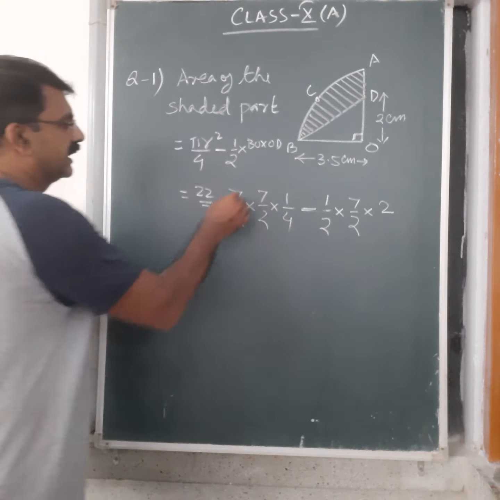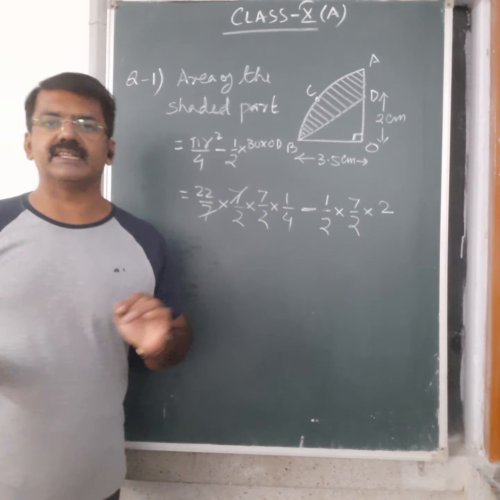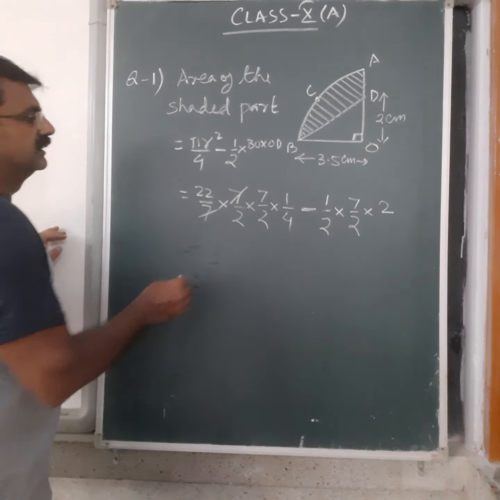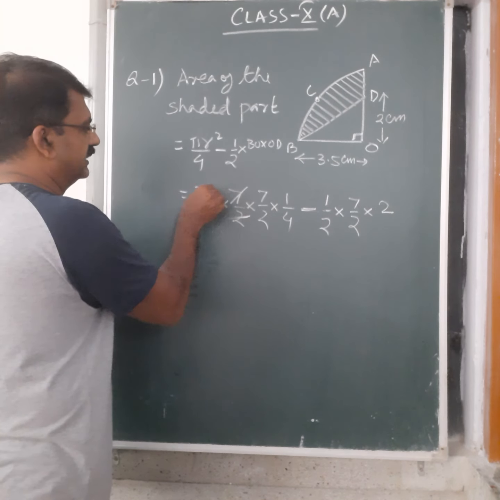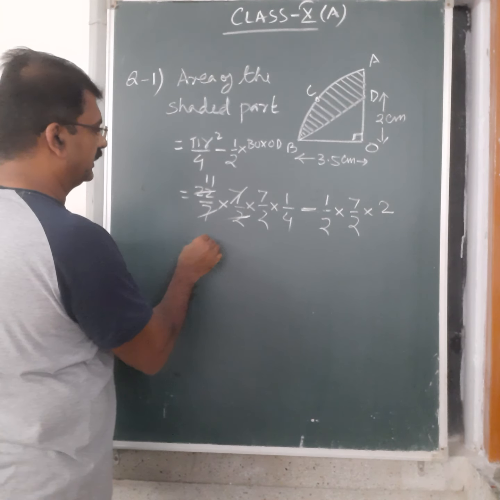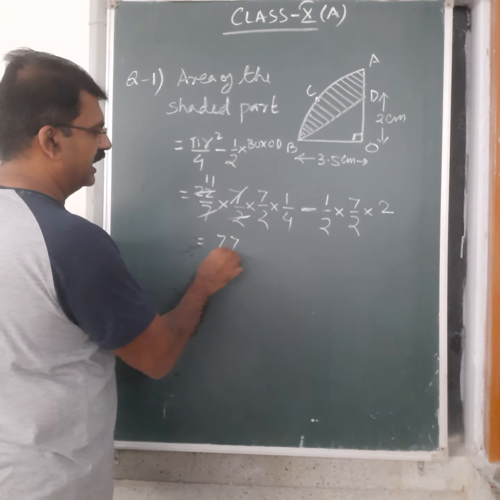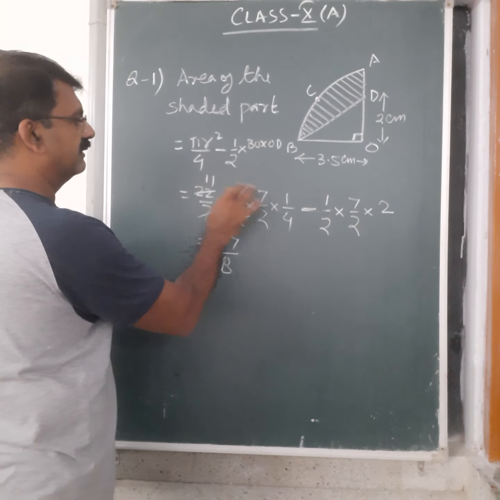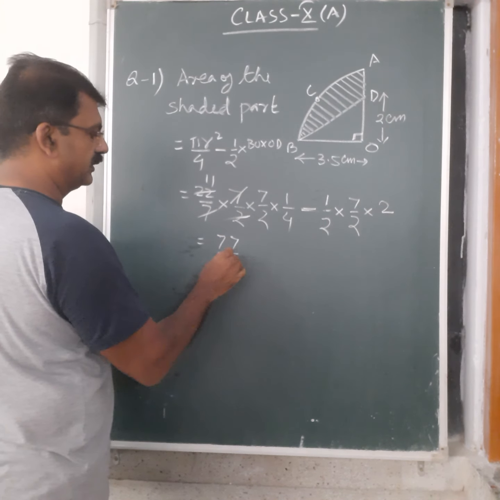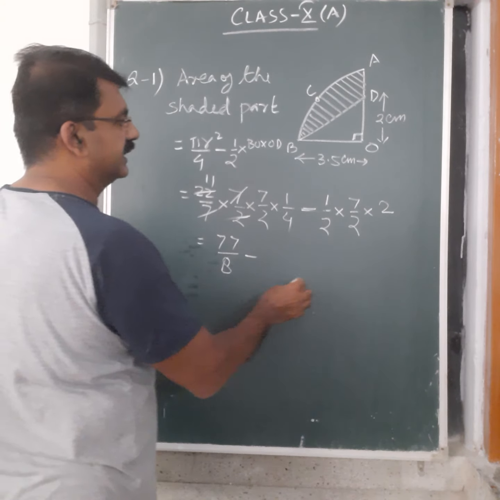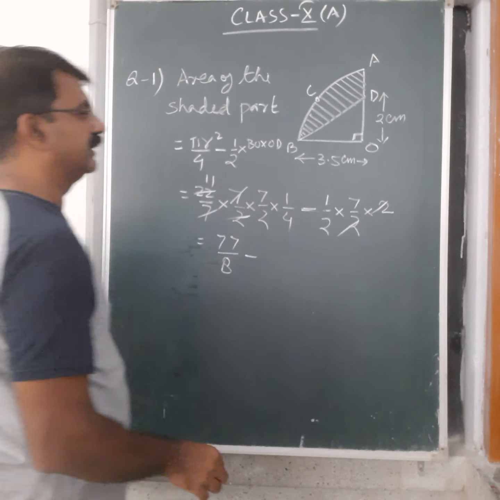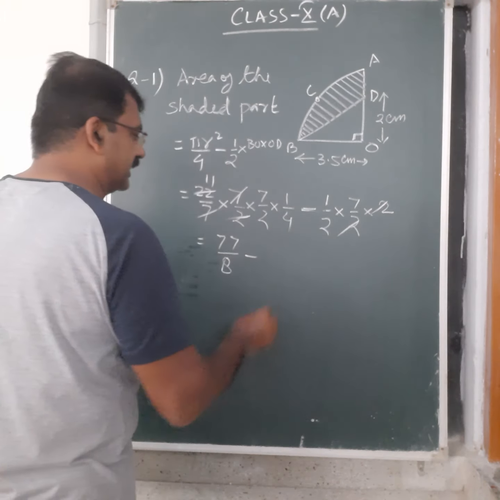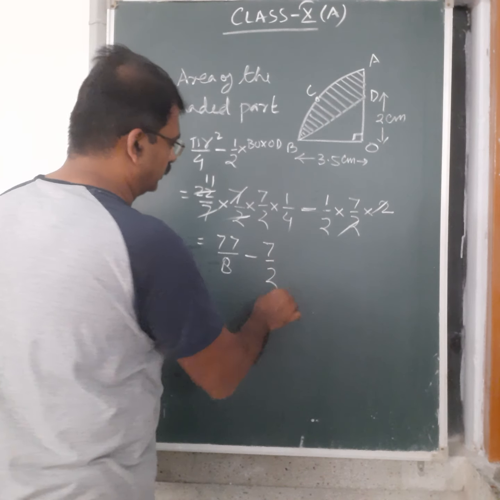Now you see, this 7 and this 7 are cancelled, and we can cancel 22 by 2, so it is 77 upon 8. 11 into 7 is 77, 4 into 2 is 8, minus, here also we can cancel 2, so it is 7 upon 2.